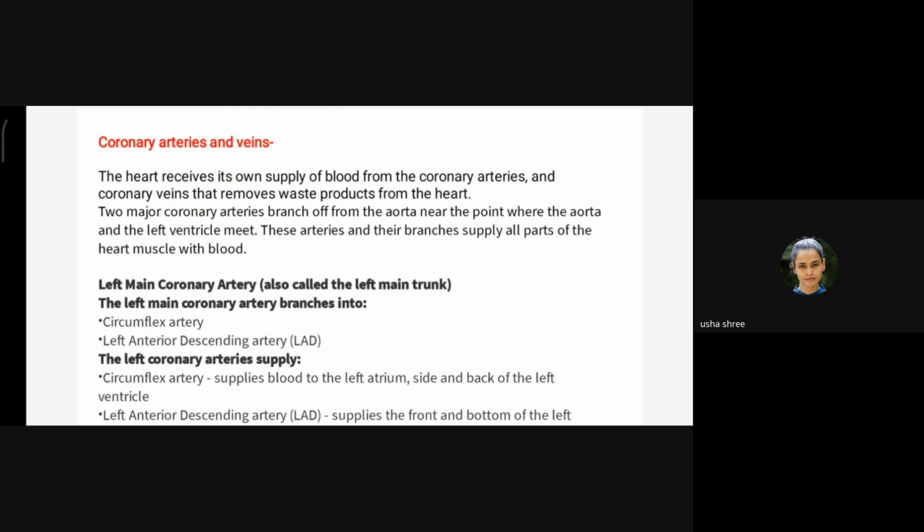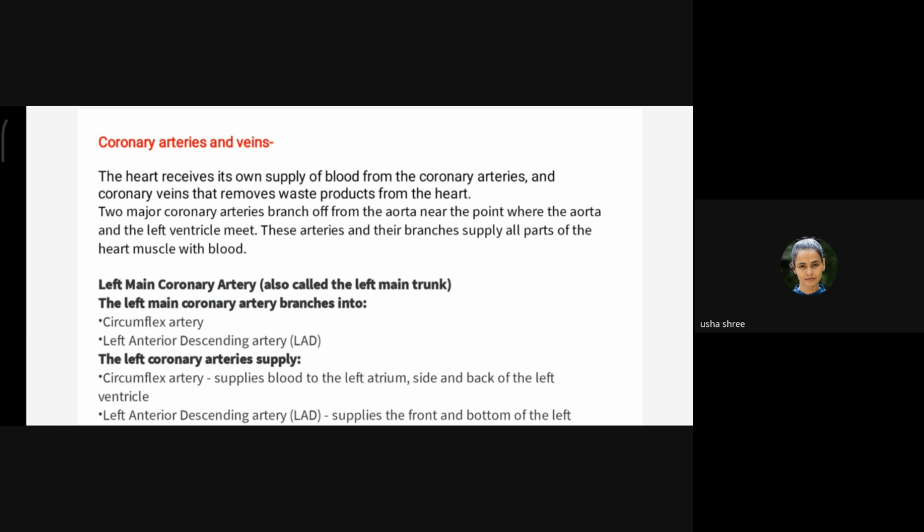Now, the left main coronary artery, also called the left main trunk, branches into the circumflex artery and the left anterior descending artery. Means the two branches of the left main coronary artery are the circumflex artery and the left anterior descending artery.